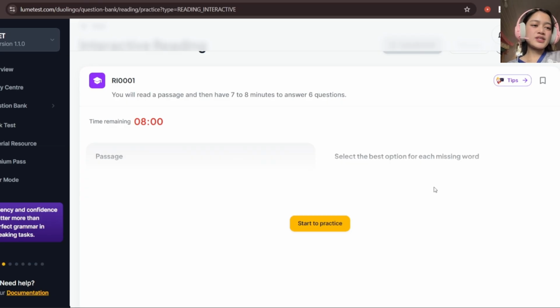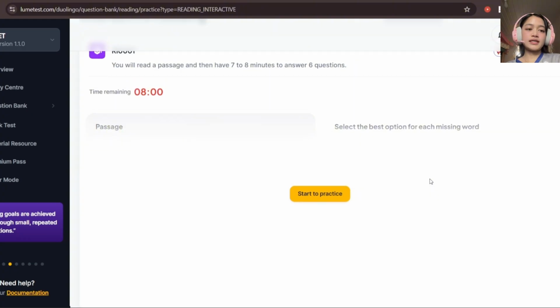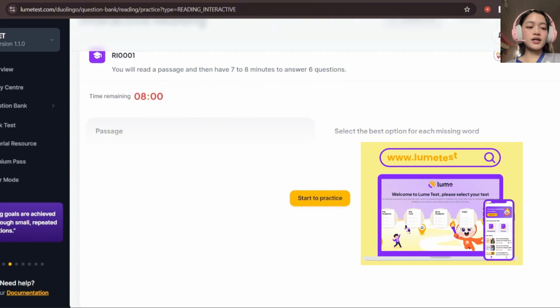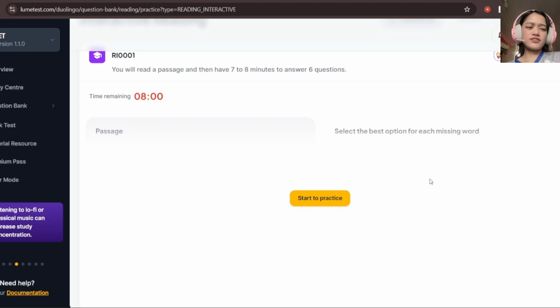The questions may ask you to complete missing sentences, select the best response, identify the main idea, understand specific details, make logical inferences, and organize information correctly. This section closely resembles real academic reading because it tests how well you understand and interact with written English. So you'll need to pay attention to both the overall meaning and specific details within the passage.